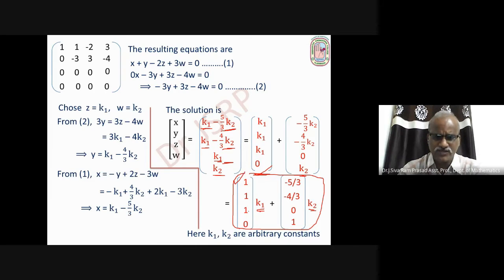This solution 1, 1, 1, 0 and this solution minus 5 by 3, minus 4 by 3, 0, 1 are linearly independent solutions, and any other solution can be expressed as a linear combination of these two solutions. That is the meaning of linearly independent solutions. Okay, so this is the way to solve homogeneous linear equations.